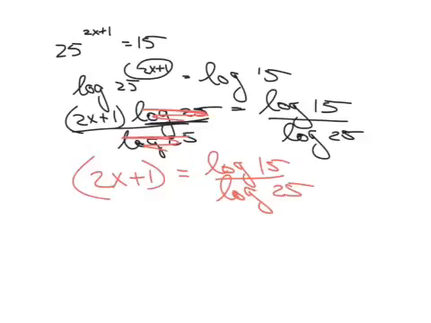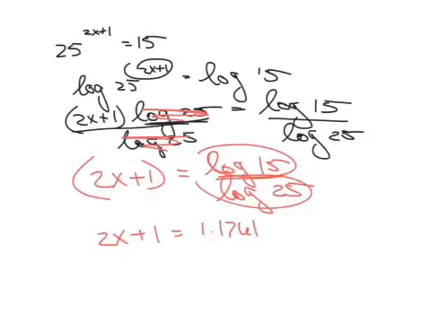Okay, so what do you do with that? Well, let's take the log of 15 and the log of 25. Log of 15 is 1.1761. Yeah, I have these memorized, right?